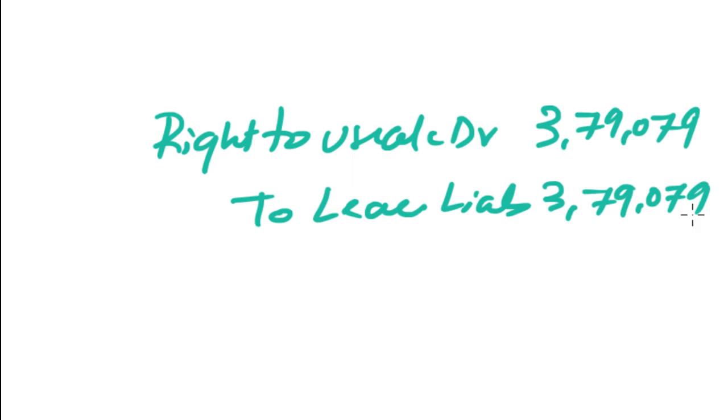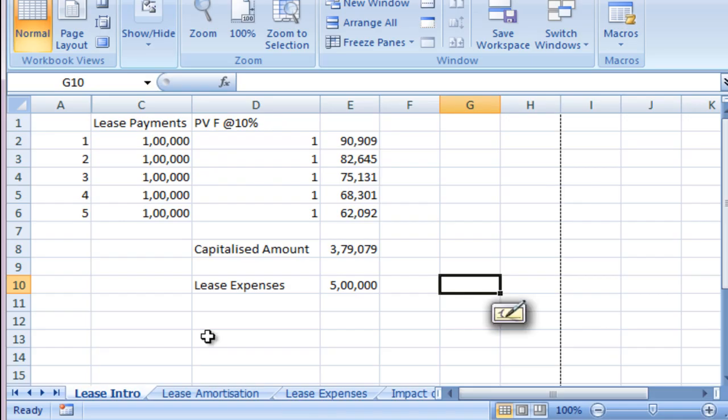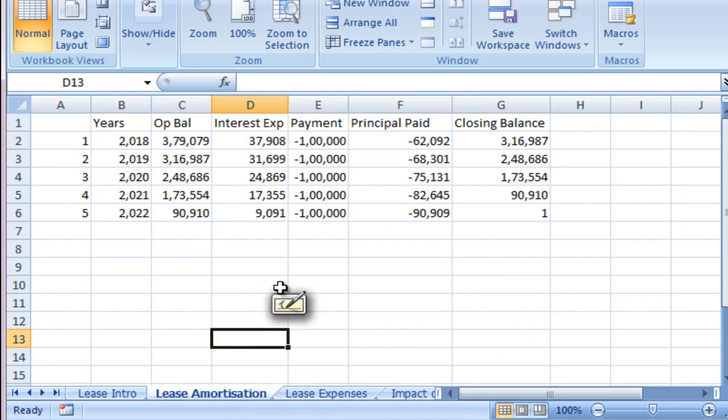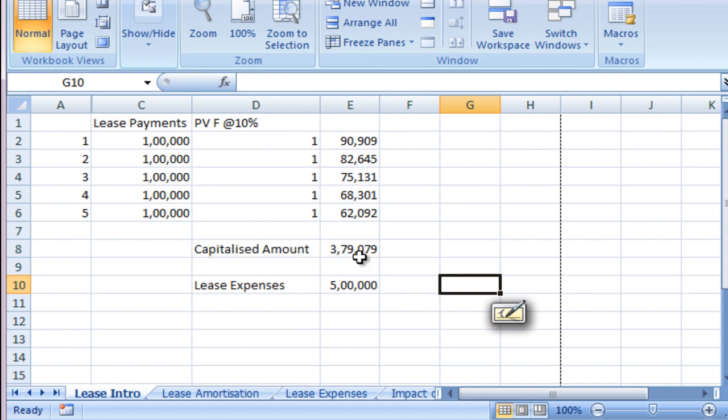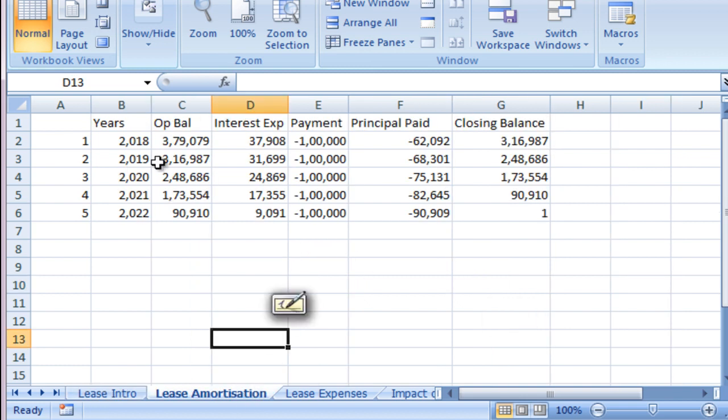Then we will move forward and I prepare a lease amortization schedule. It is nothing but a loan amount. Think of 379,079 as a loan amount, and I prepare this amortization schedule with years, opening balance 379,079 multiplied by 10%. This is the interest rate, this is the payment made, and this is the principal portion and the closing balance.